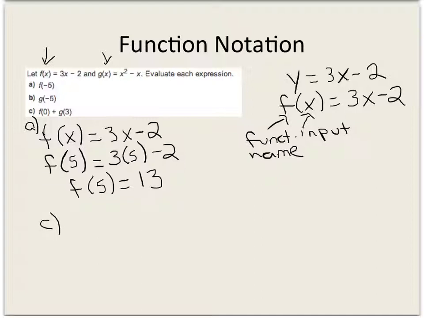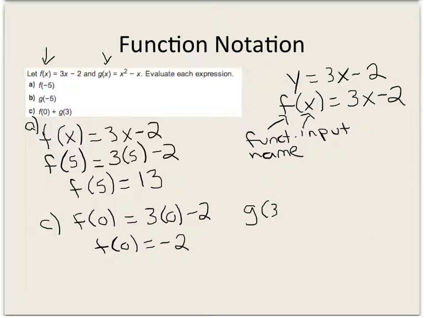If we move on to C, we have f of 0 plus g of 3. So we have f of 0 is equal to 3 times 0 minus 2. I'm looking for what's the value of the function f when x is 0, and that happens to be negative 2. And I also have g of 3.